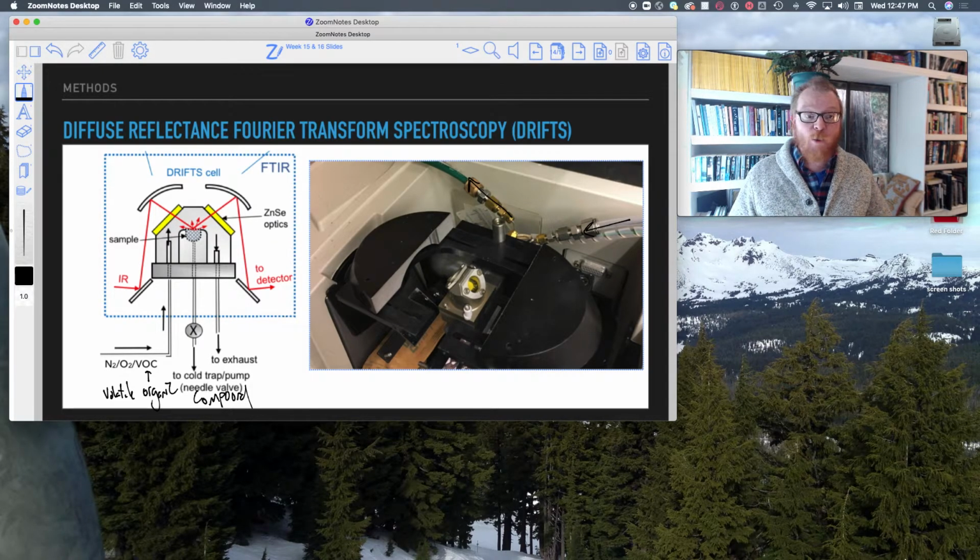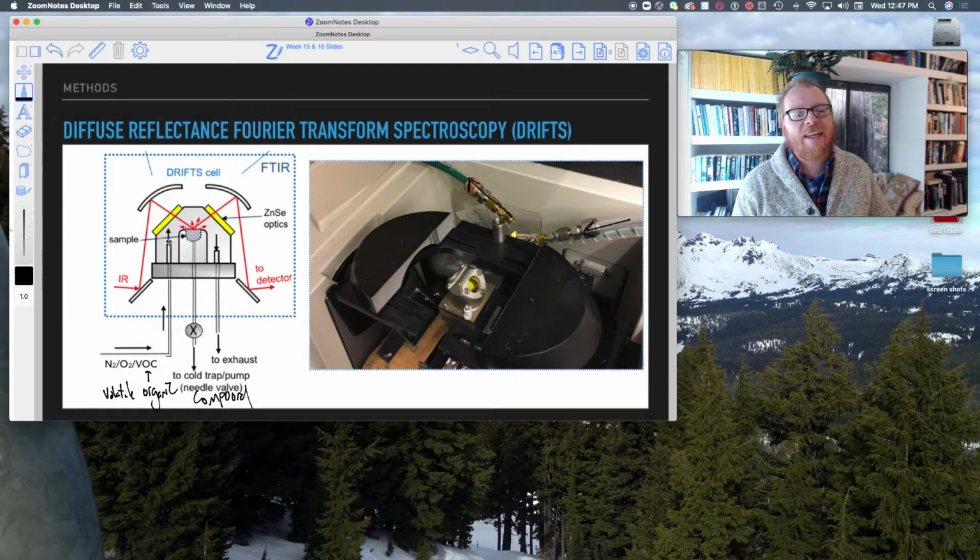And what we can do in real time, we are recording continuous nonstop FTIR spectra by shooting an IR beam here. The IR beam scatters off of the surface, gets collected by these mirrors, and goes off to the detector.